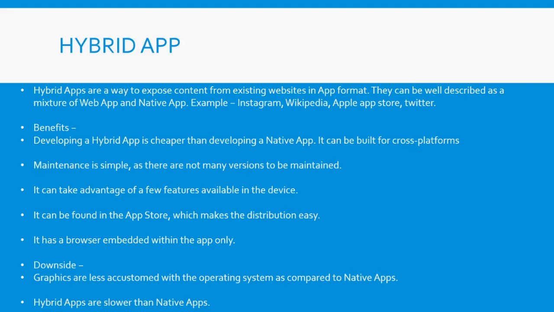So you find that an app built for one specific device would work better than an app built for so many devices and platforms. Another thing you need to know is that hybrid apps are slower than native apps, because they can be used across many devices and operating systems, and they're not device or operating system specific.